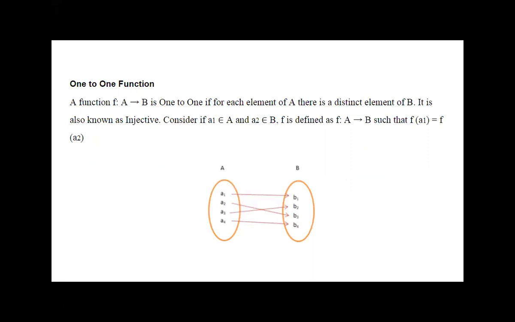An element of A and an element of B are assigned such that, suppose here A1 is an element of A, and here it should be B1.